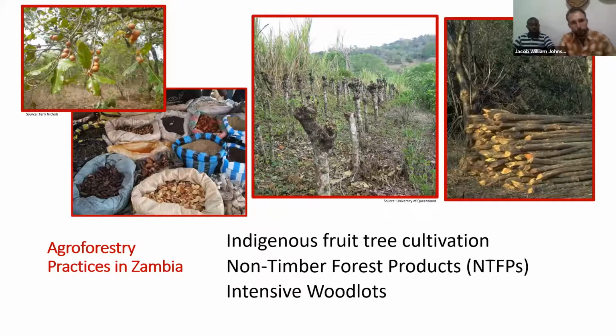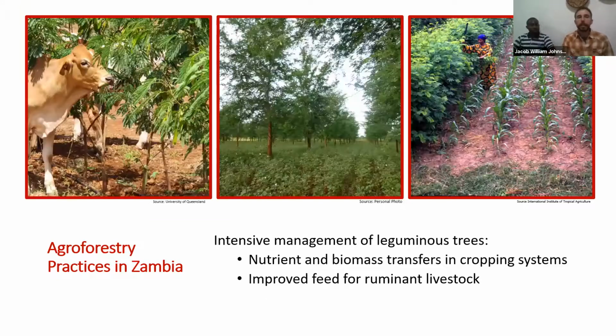Just to mention a few recommended agroforestry practices specific to Zambia, extension concentrates on indigenous fruit tree cultivation, the harvesting of non-timber forest products, the management of intensive woodlots, as well as the intensive management of leguminous trees.